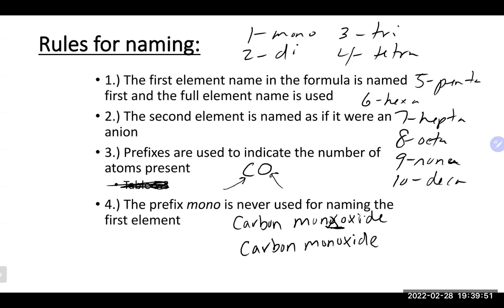So when we get a couple of vowels that back up to each other, like very commonly O and O, the prefix O goes away. An A and an O, the prefix A goes away. Actually, two I's are okay, but other than that, basically two O's together, we get rid of one of the O's, an A and an O, get rid of the A. We don't use the mono prefix on that first one, but as you can see here, we could definitely use it on the second one. Any questions on that there?